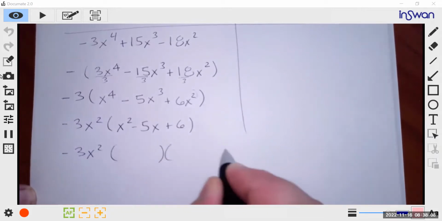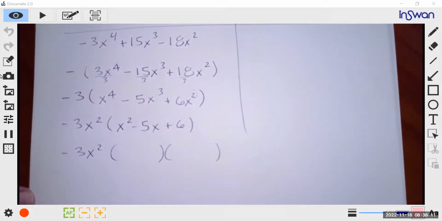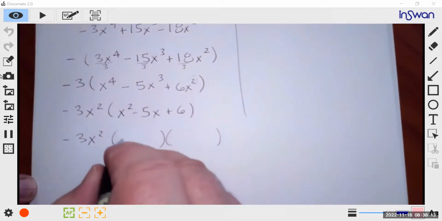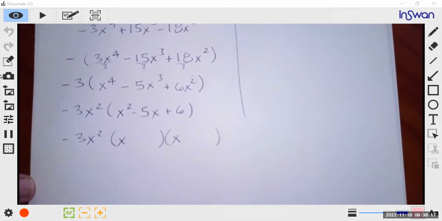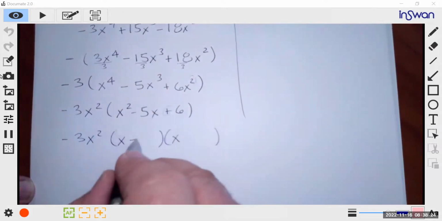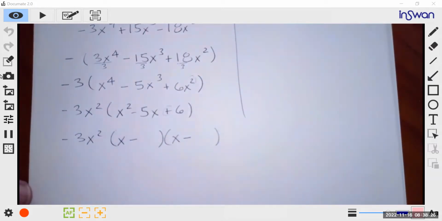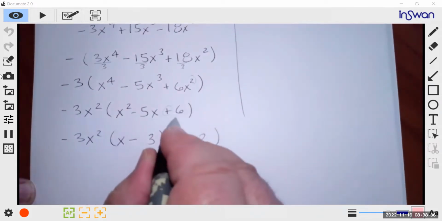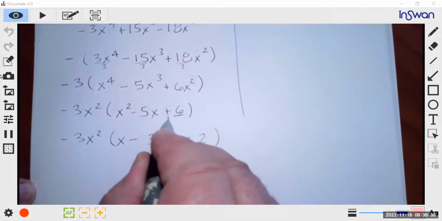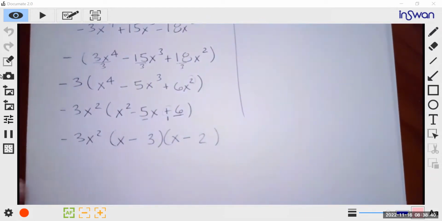Now we see if we can factor this one. What goes first? What signs? What is it? Right. The same signs to both will be minus. Very good. What numbers go in there? Very good. What times what is 6? When you add them, you get 5. 3 and 2. Very good.